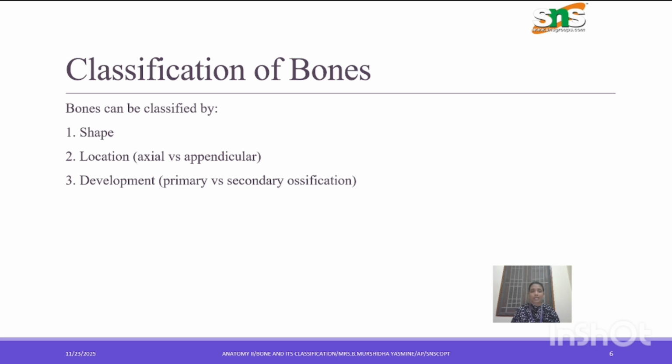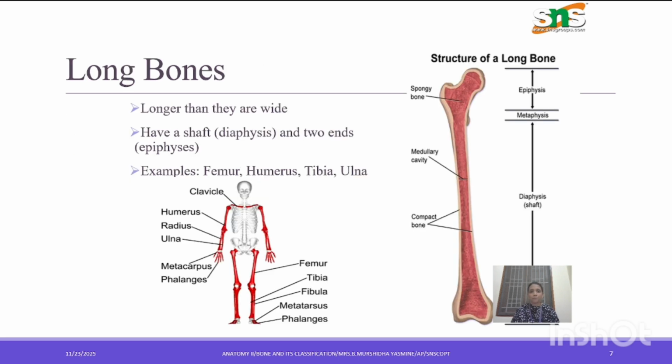To start with the classification based on the shape, the first classification is long bones. Long bones are longer in nature than they are wide. In the picture you can see a long bone with two ends, upper end and lower end, which are called epiphysis, and the middle shaft part is called the diaphysis.